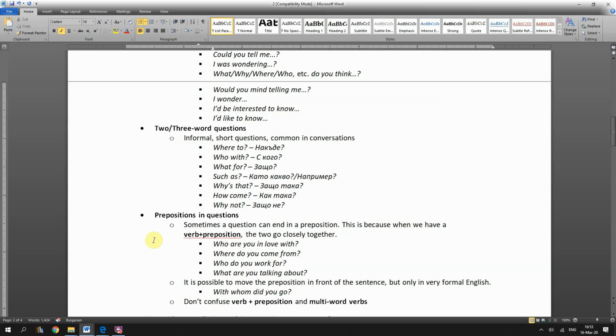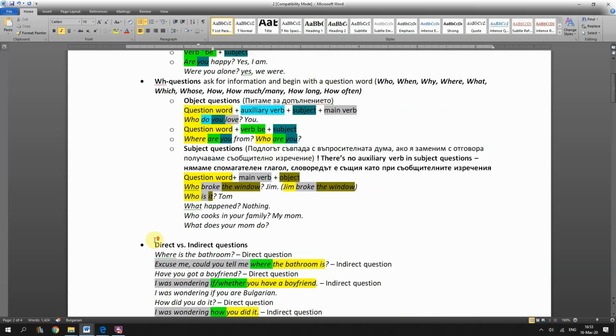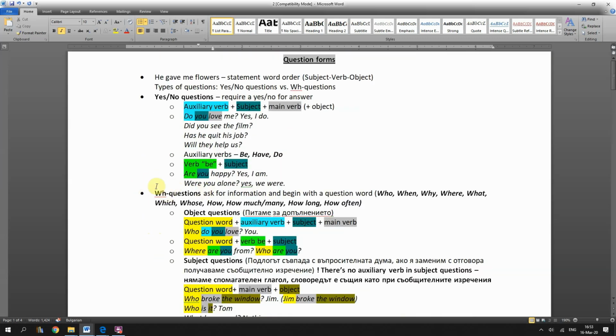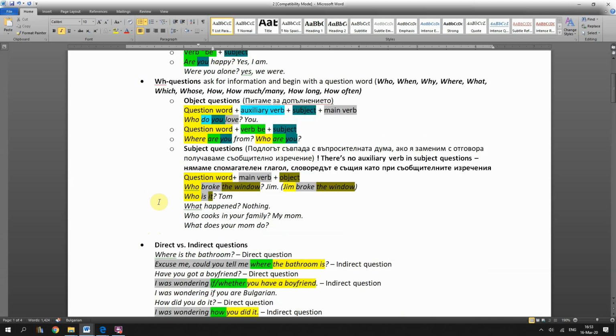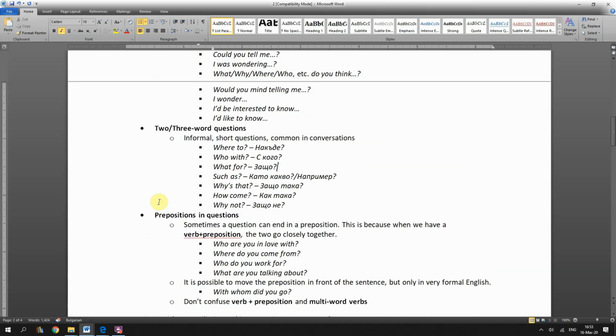Because usually in English the preposition goes in the end. We already discussed questions with WH words. We need to start with the word. I can't start with from. Well, actually I can if I want to, but this is very formal and not a lot of people use them.